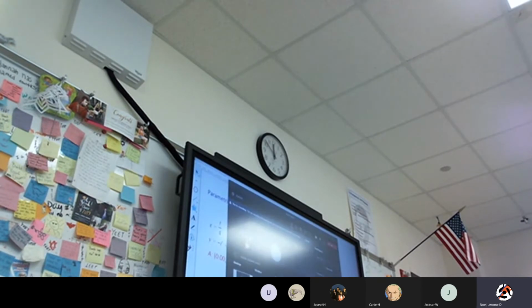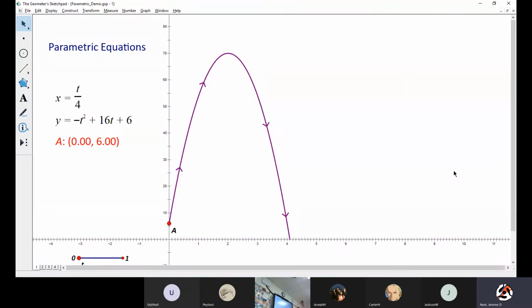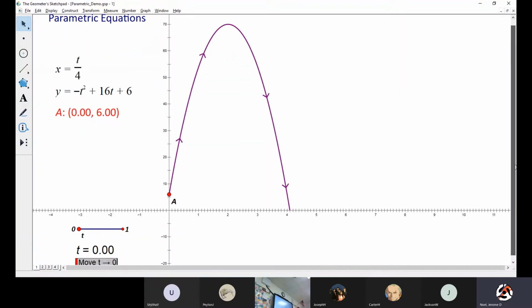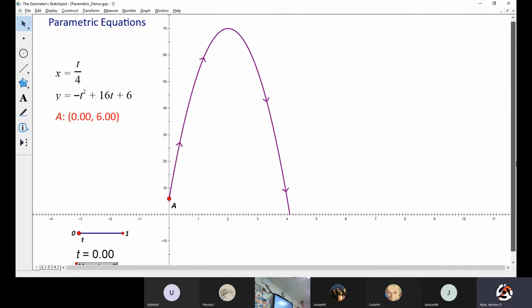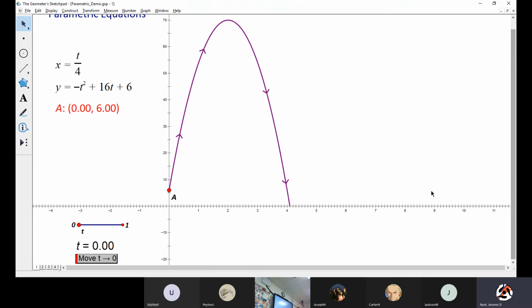So here's that same graph. Unfortunately, the screen that I make this on at home is a little bit bigger than this one, but I can move my t value. As I move my t value, you can see the points moving along our parabola, that curvilinear motion. And this is the same one that you just graphed.